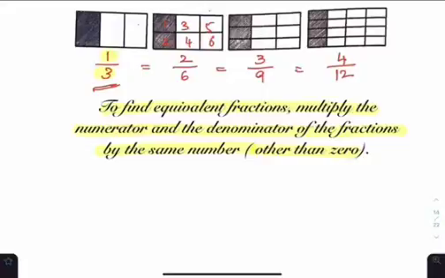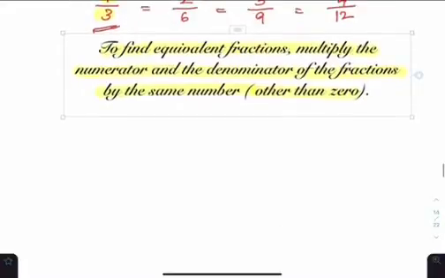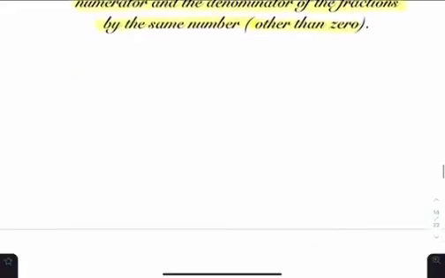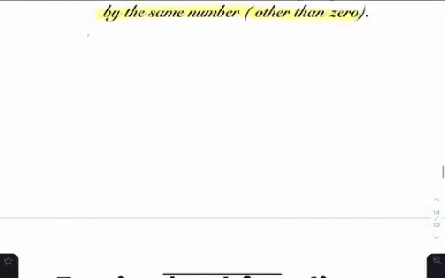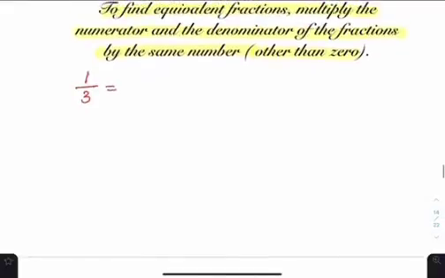Now, let us check how we do it. If I take up the same fraction here, 1 by 3 was the fraction which we started with. Now, as I said, I multiply both numerator and the denominator with the same number. If I multiply both the numerator and the denominator with the same number 2, what do I get?